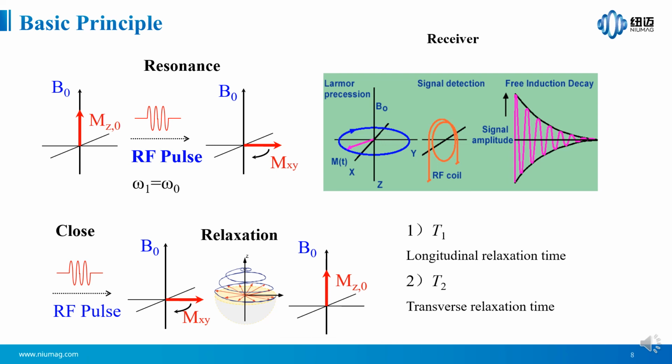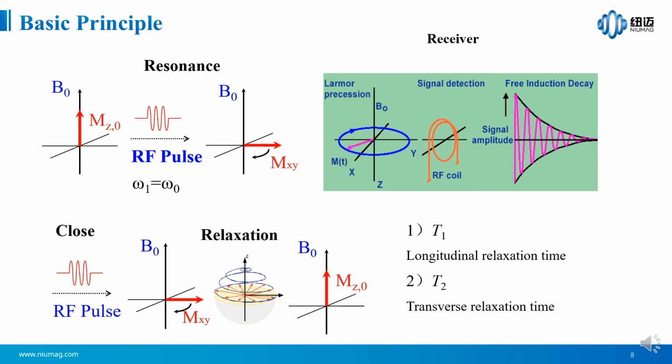To better understand it, we can think of the magnetization vector as a spring. The spring is compressed at an angle by an external force.